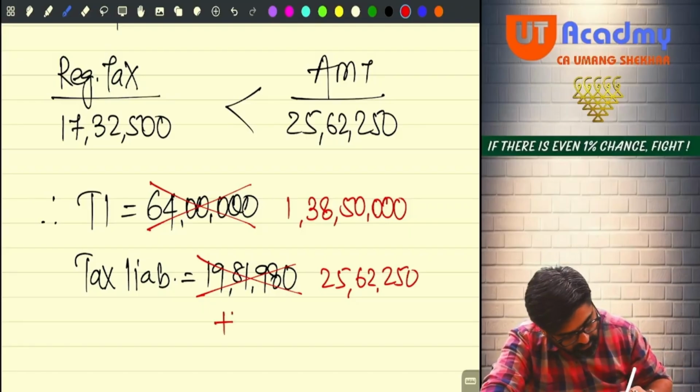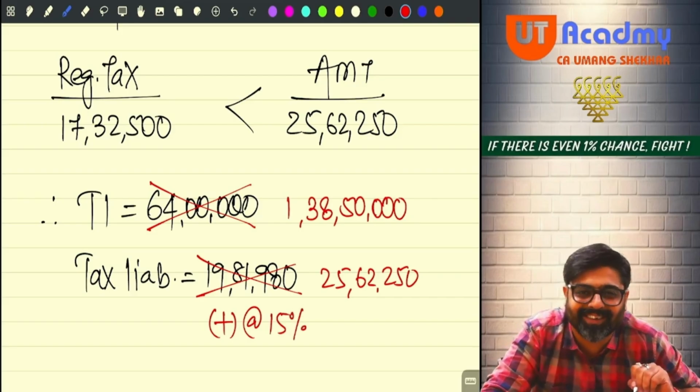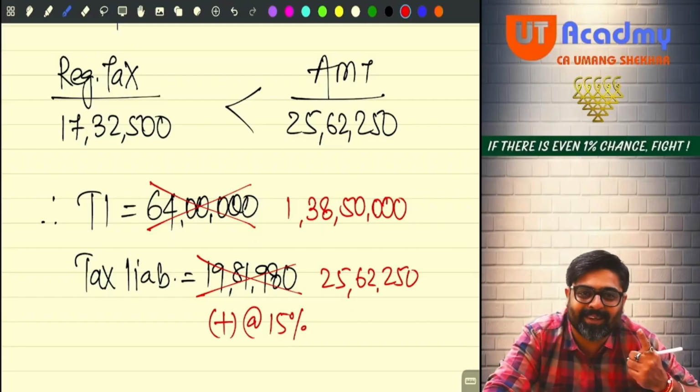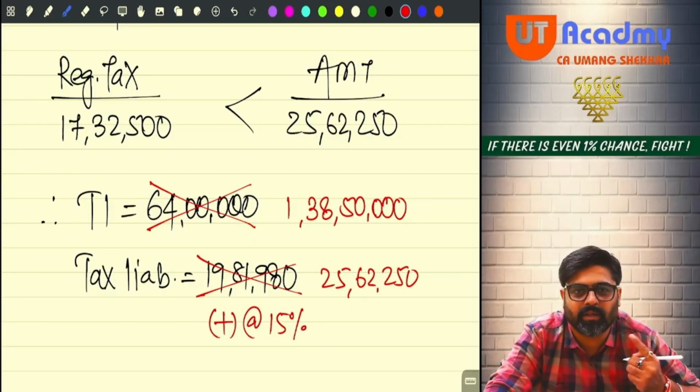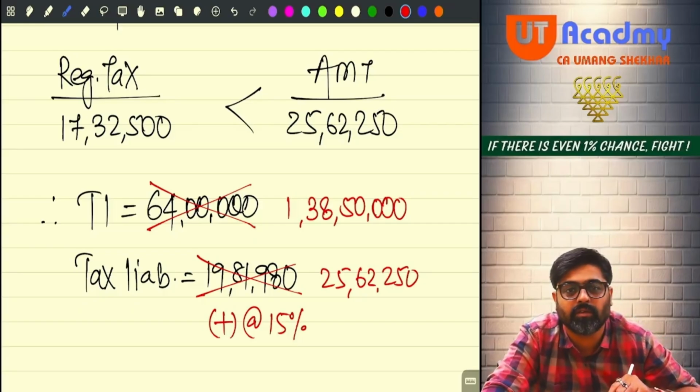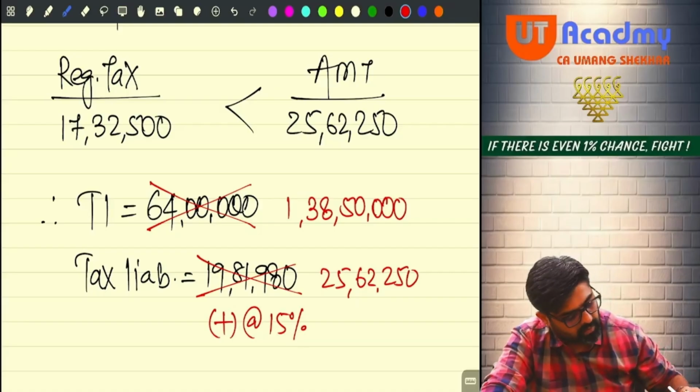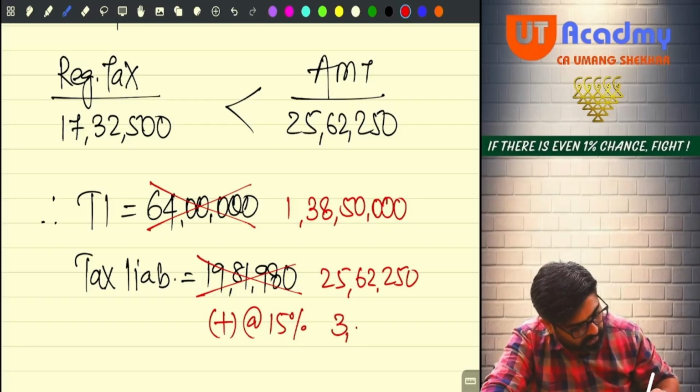Now the surcharge will be at the rate of 15%. Why sir? Total income now is 1 crore 38 lakh 50,000, which is more than 1 crore. So whenever the total income is more than 1 crore, the tax is increased by the surcharge by 10% or 15%? 15%. So 25 lakh 62,250 into 15% will be 3,84,338.